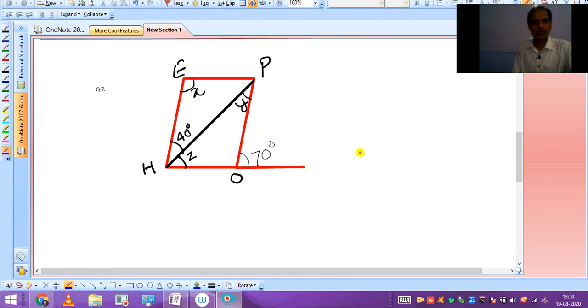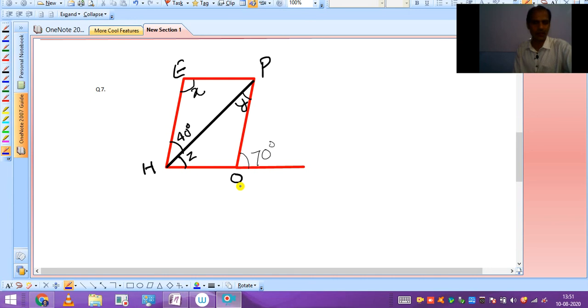This is a parallelogram, and two angles are given: a 70 degree angle which is exterior and a 40 degree angle. Now to find the values of x, y and z, we must know the properties of parallelogram and properties of triangles also, because there are two triangles made by the diagonal.